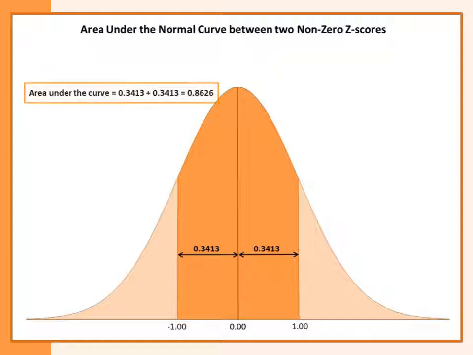We add those two areas together, and we see that the total area under the curve that falls between minus 1 and 1 z-scores is 0.862, or about 86% of the area under the curve. And this is where we get from the empirical rule the figure, or the estimate, that 86% of all scores will fall between 1 and minus 1 standard deviations from the mean.